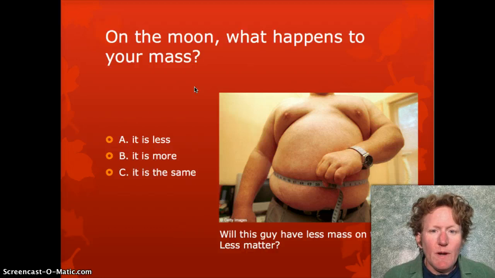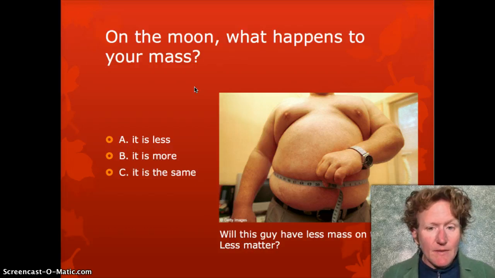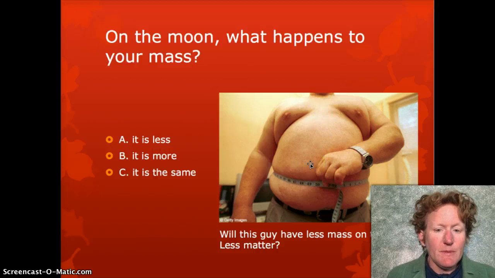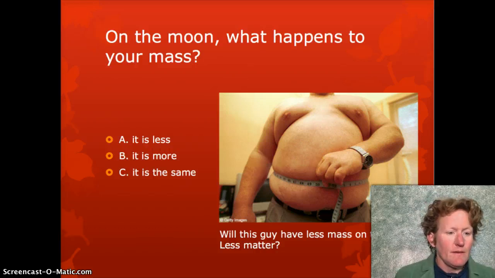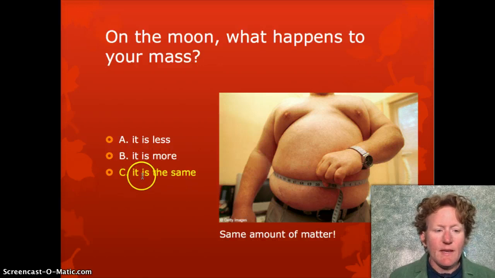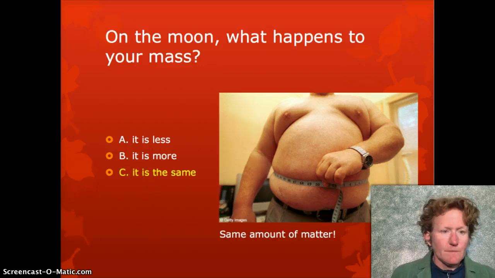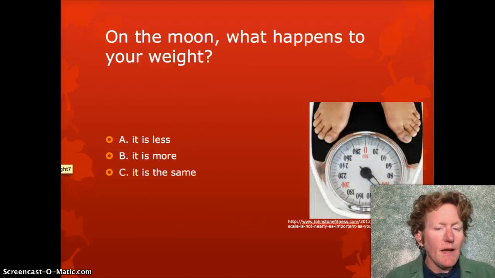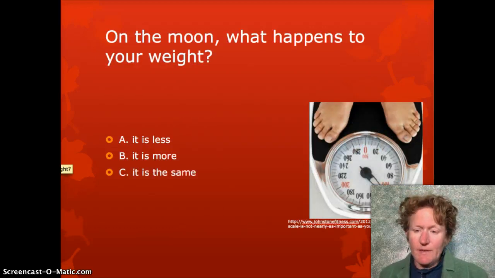On the moon, what happens to your mass? Do you have less mass on the moon? Do you automatically have less of a gut if you're this guy, if you travel to the moon? Do you have less matter? Nope, it's the same. But on the moon, what happens to your weight?